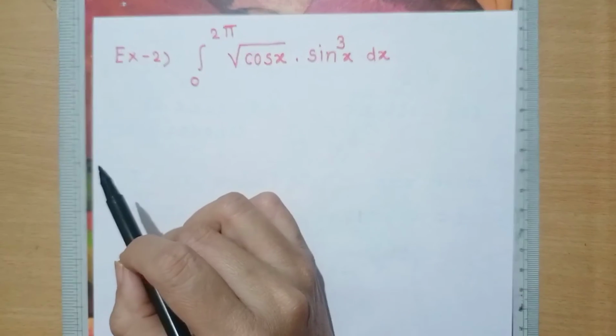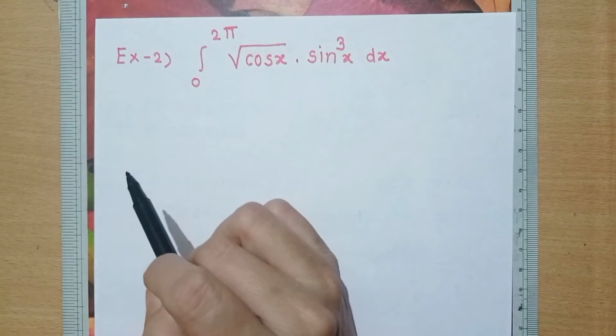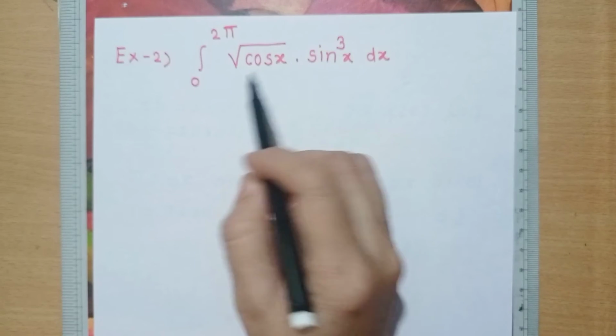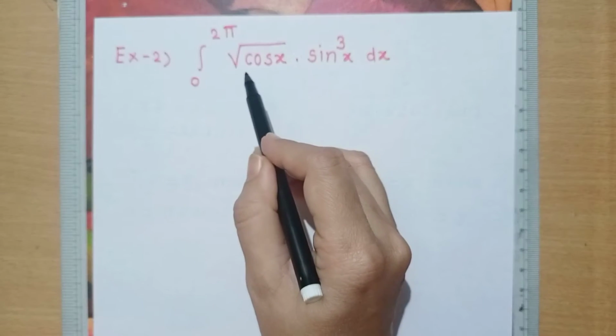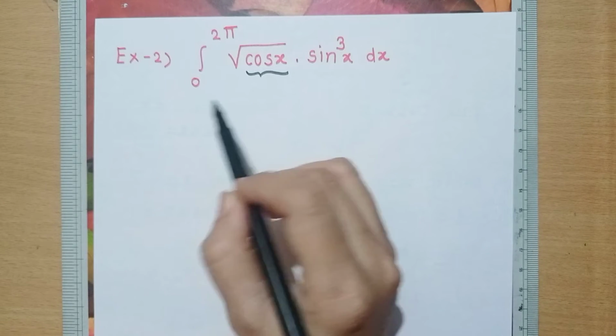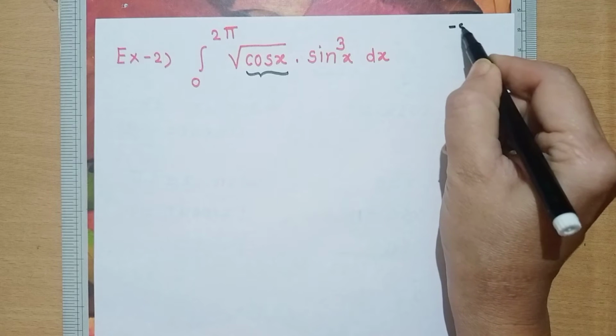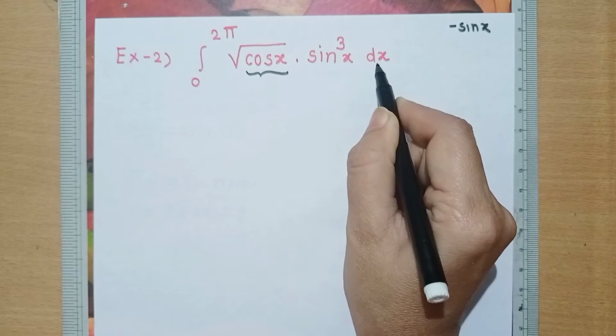This is our second example, and here we can observe the terms sin x and cos x, and we know the derivative of each term, but under the root symbol is cos x. So first we will substitute this cos of x equal to t. So its derivative is minus sin x, that should be attached with dx.